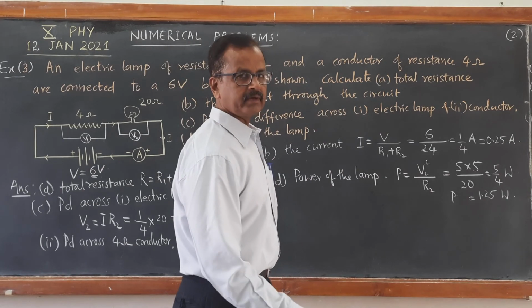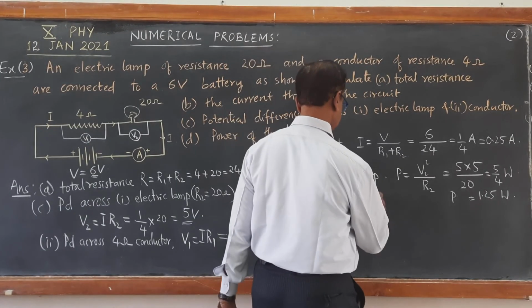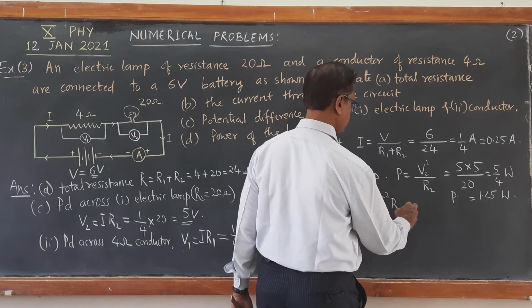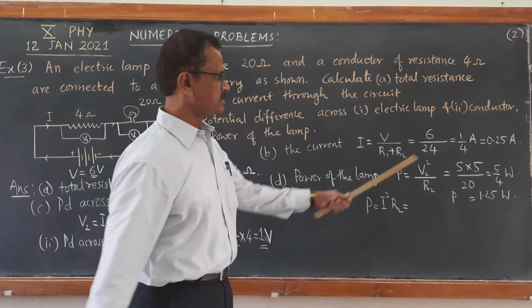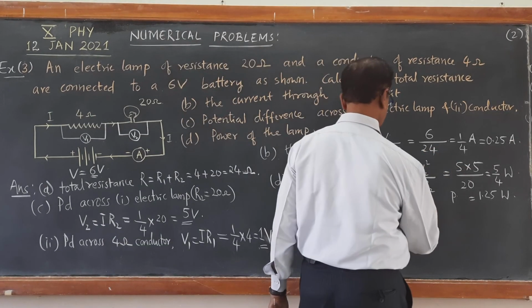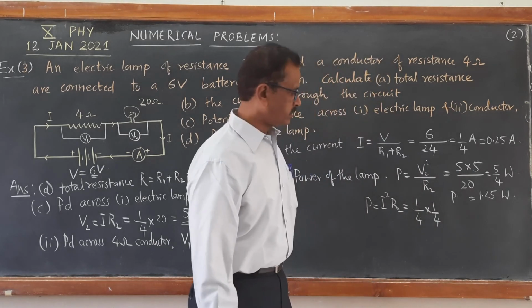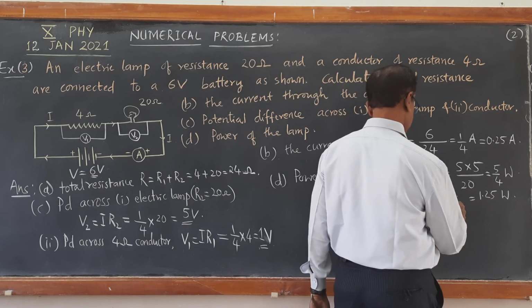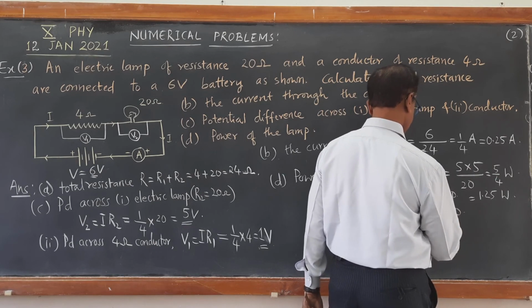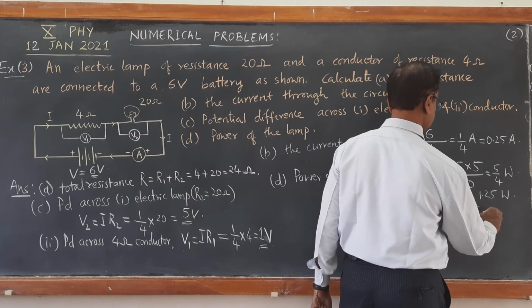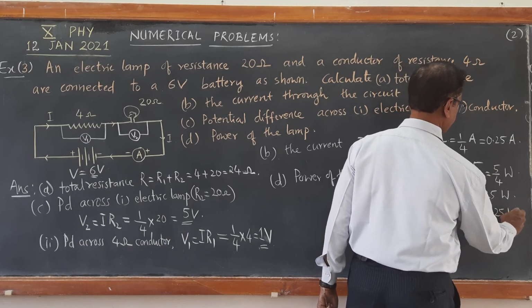You can also calculate I square R2. I square is 1 by 4 into resistance. Resistance is 20. This answer is also giving you 1.25 watts.